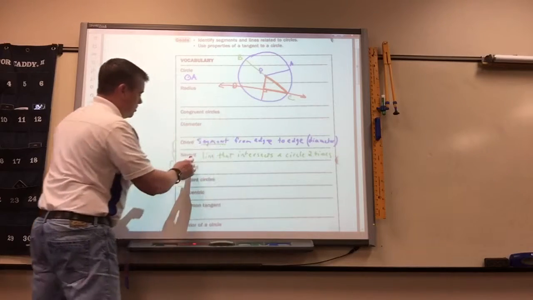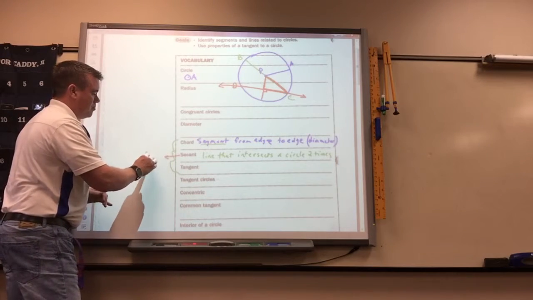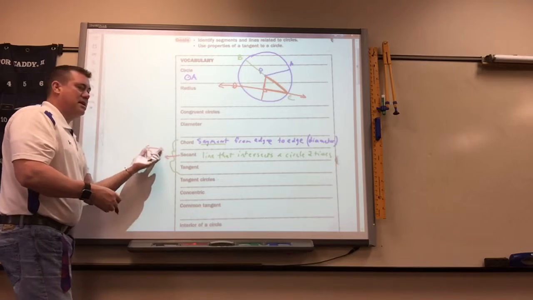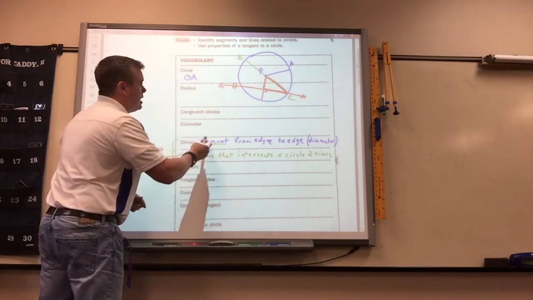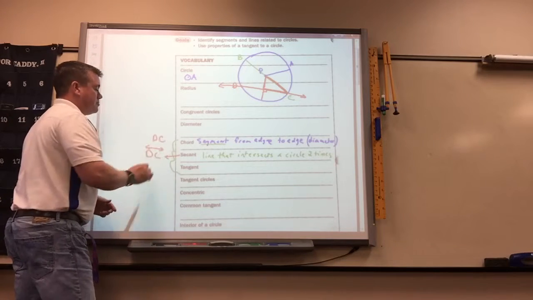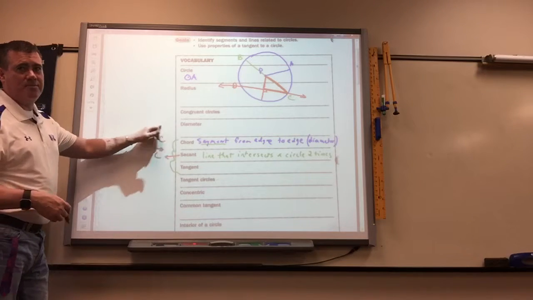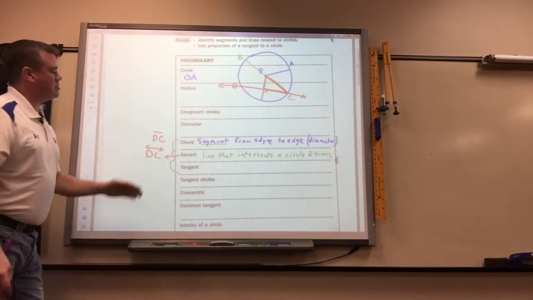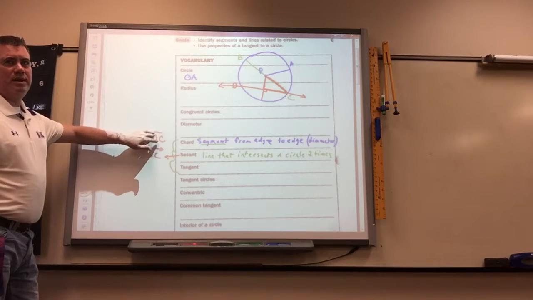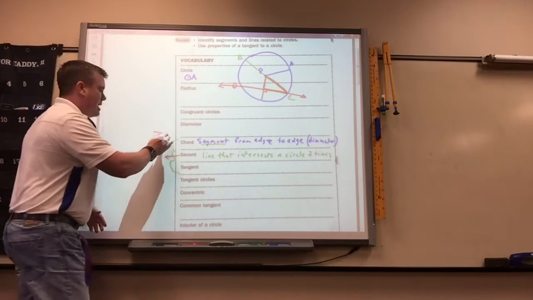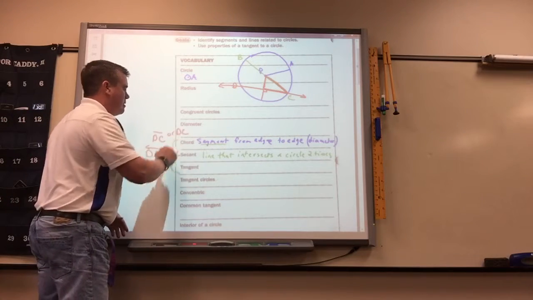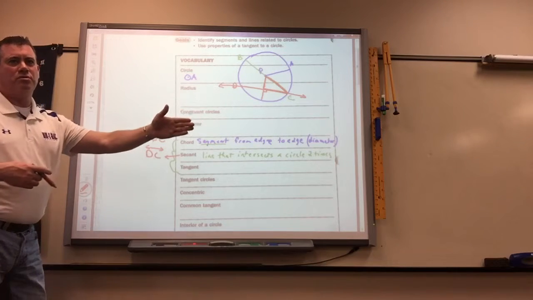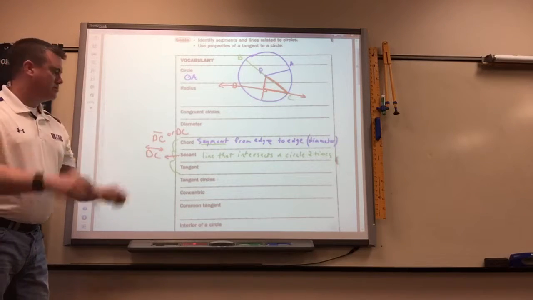The secant would be labeled like this: DC with a line above it because it's a line, so secants always have the line. The chord is just DC. If there's no symbol above it, that means it's a segment. You can put the segment symbol above it, but that's the one where you wouldn't need it. You can write it like that or like that. Okay? So secants cut all the way through, chords start and stop.